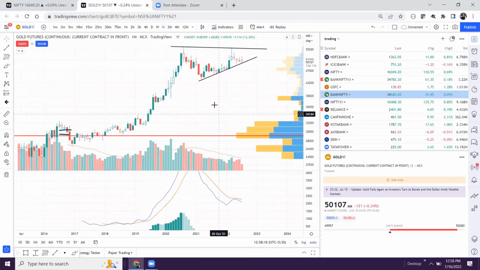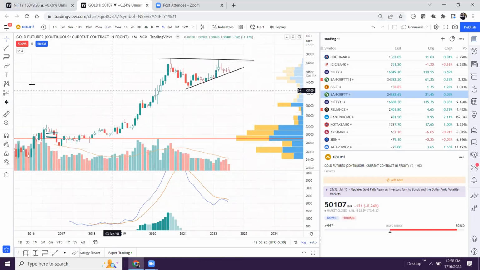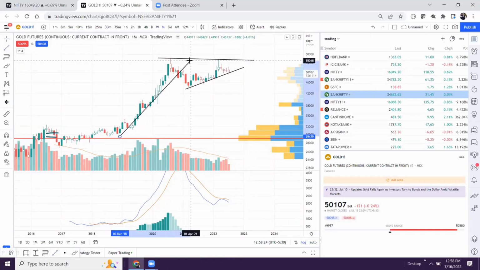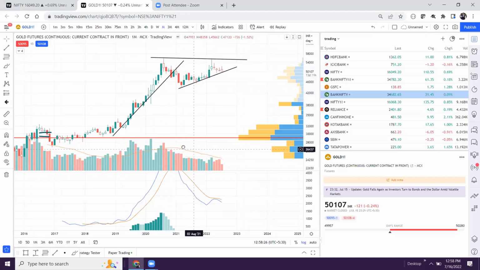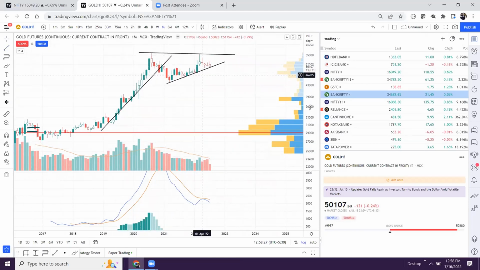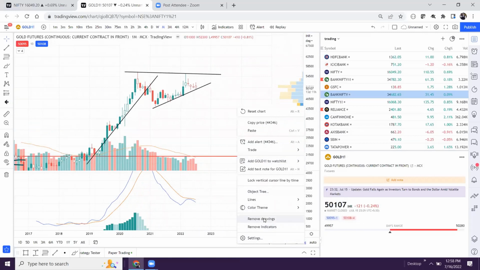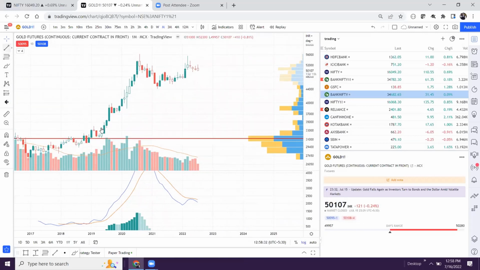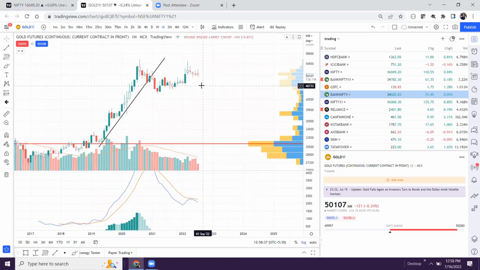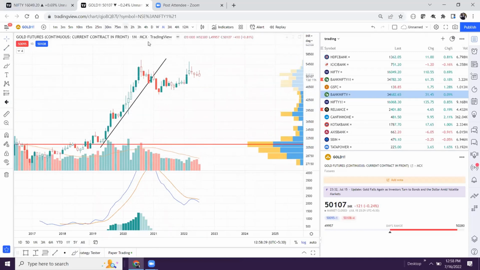Okay. See, on a monthly you can see this has broken this, right? Let me clear this first. So this is actually in a correction right now on a monthly time frame.